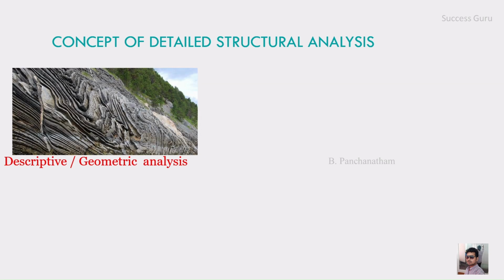The first one is the geometric analysis, which mainly deals with the mapping, measuring, and explaining the geometry that is required to establish the deformation as descriptive analysis. Like, he has to describe the way in which the rock has been deformed. So that comes under descriptive analysis.